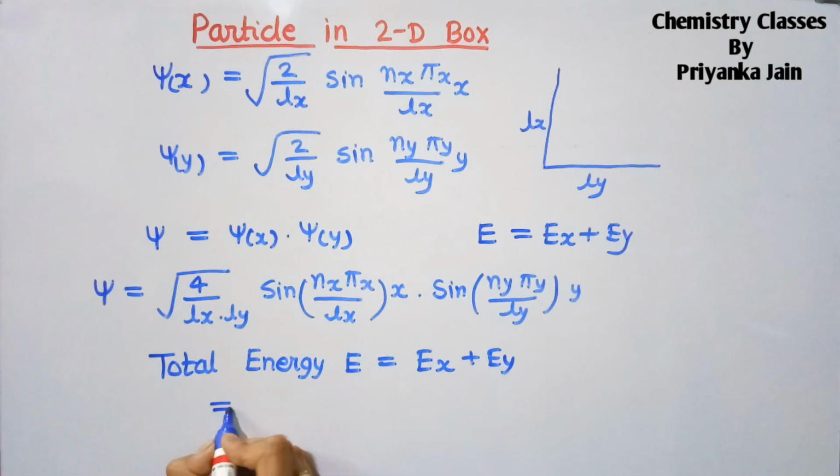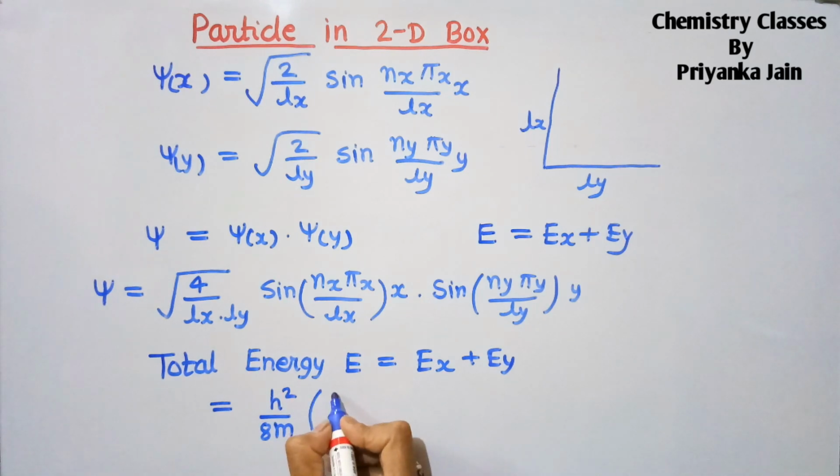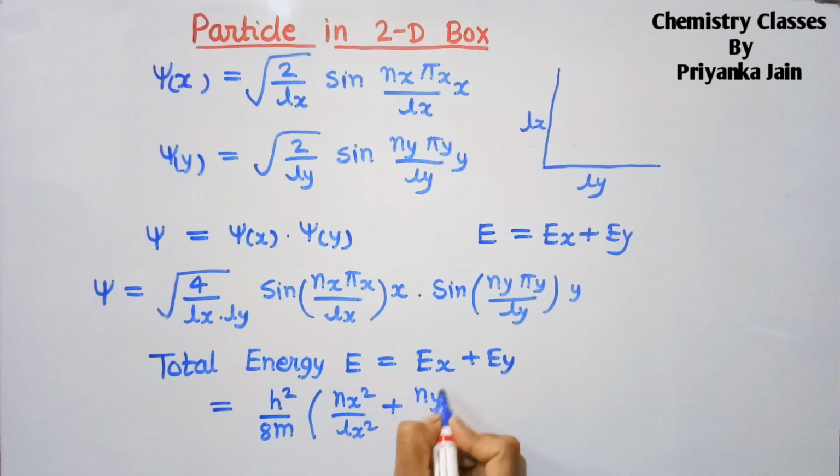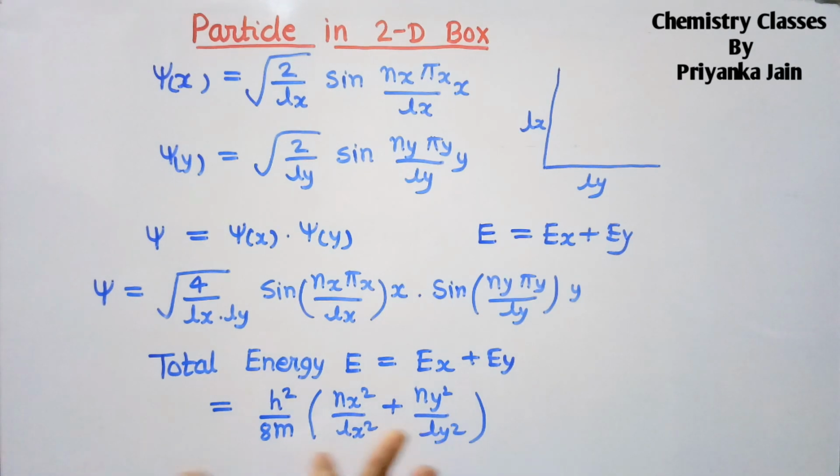okay? So put their values and now it will be equal to h square upon 8m, nx square upon Lx square plus ny square upon Ly square, right? Now suppose we have to find this for a square.